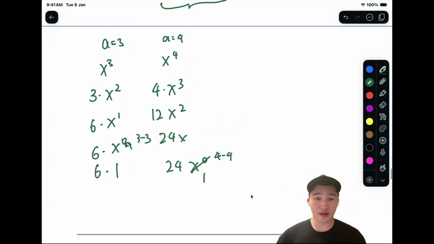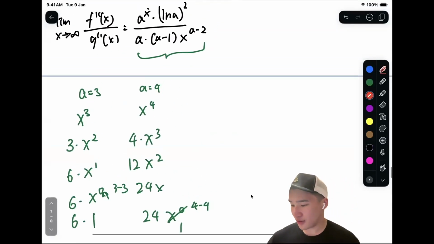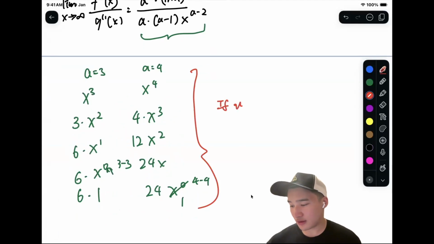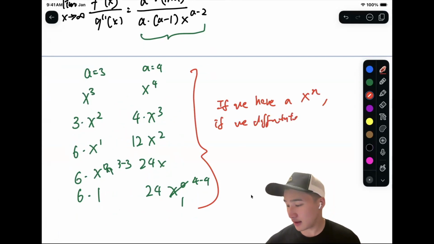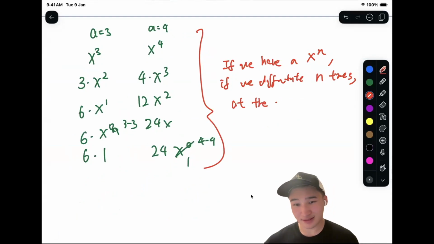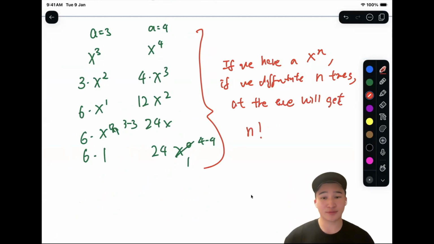So here is what we can understand. Okay, so if we have a power function like this, x^n, and if we differentiate n times, then at the end, we will get n factorial.